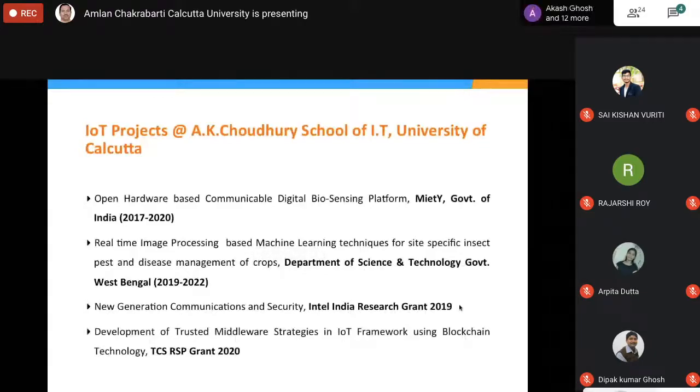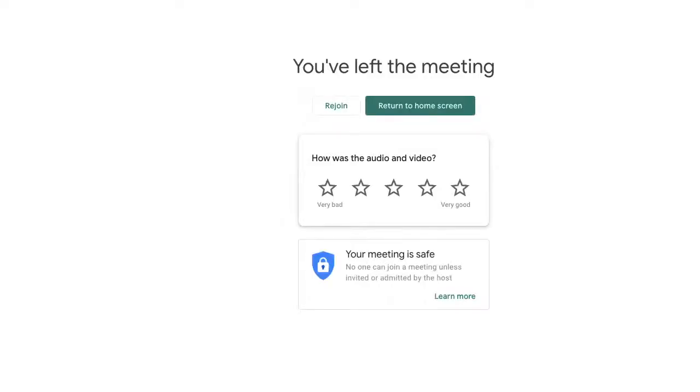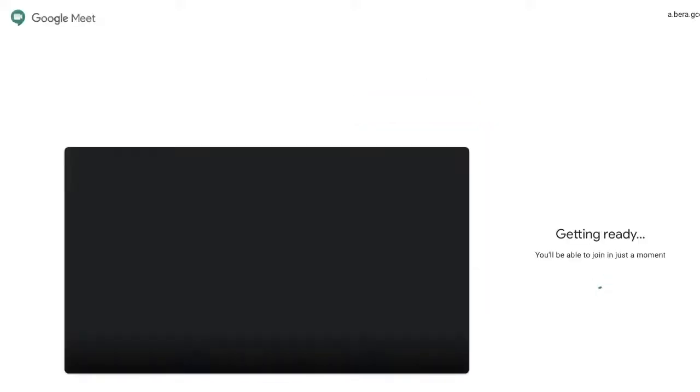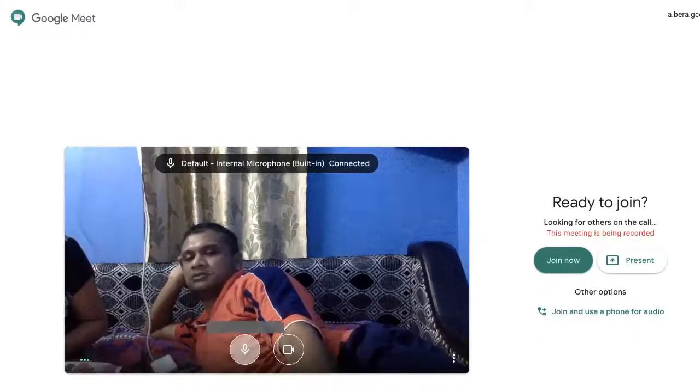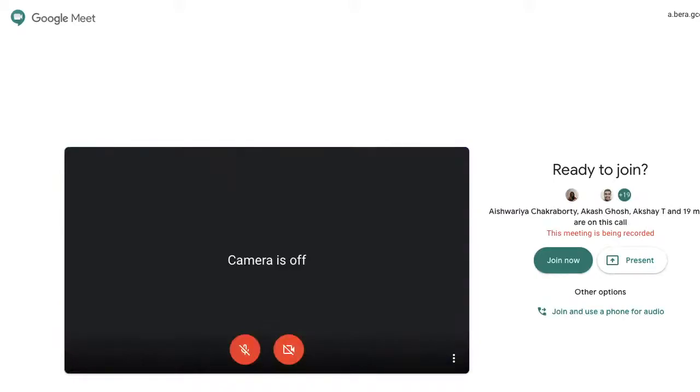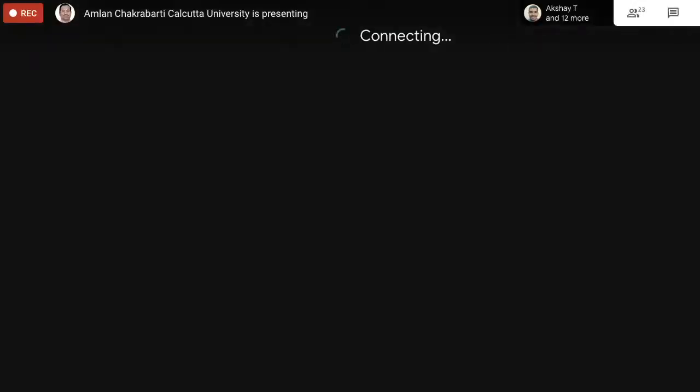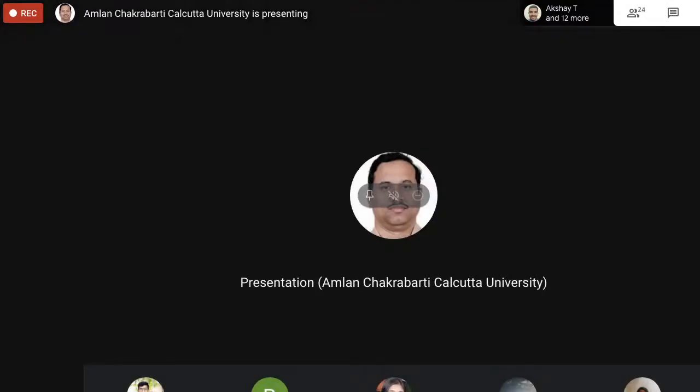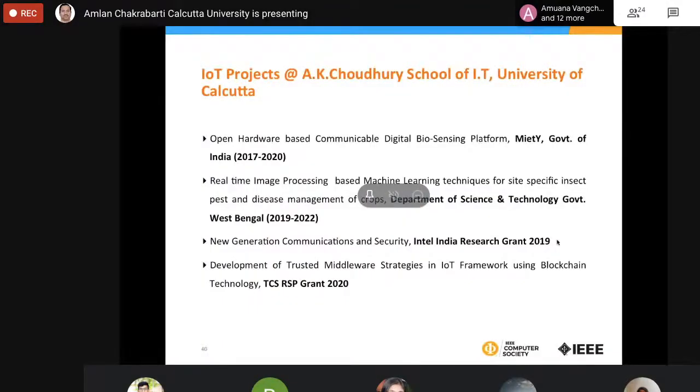A research grant this year, where the research problem she will be working on is basically the security part of this IoT framework. So this is all.